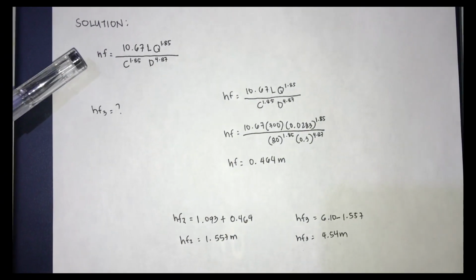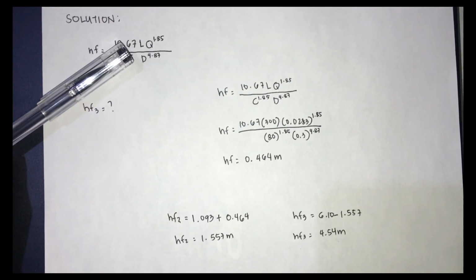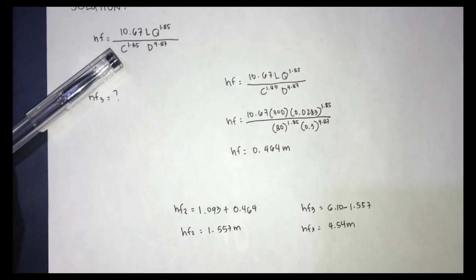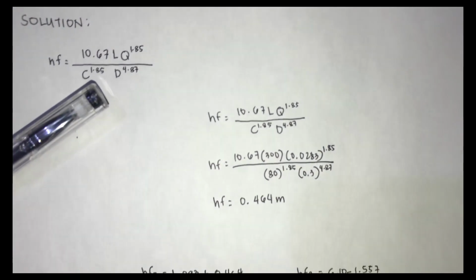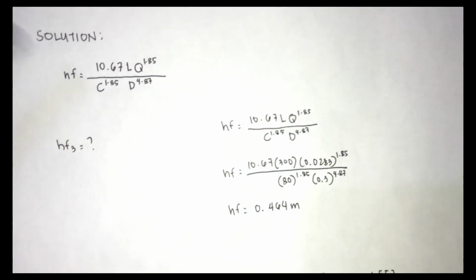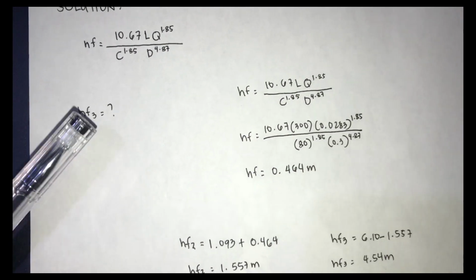So using the Hazen-Williams formula, which is HF is equal to 10.67 L Q raised to 1.85 all over C raised to 1.85 times D raised to 4.87, we will get the unknown, which is the head loss in pipe 3.